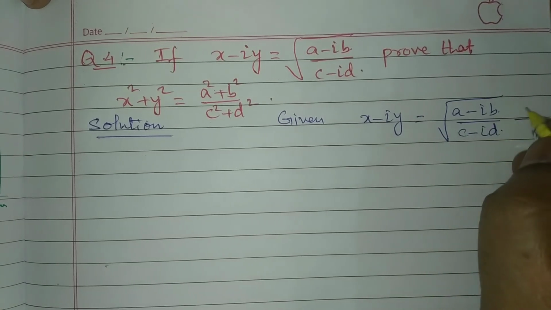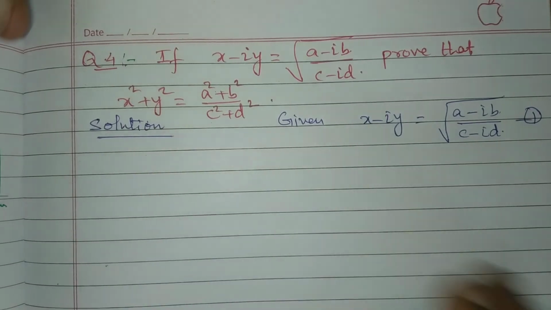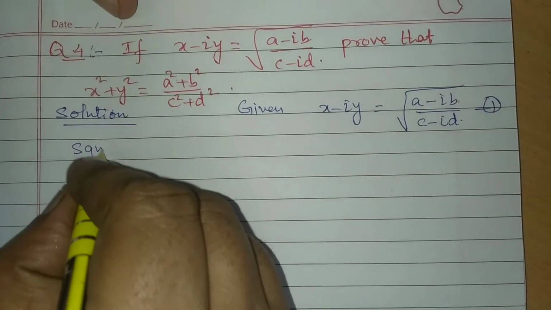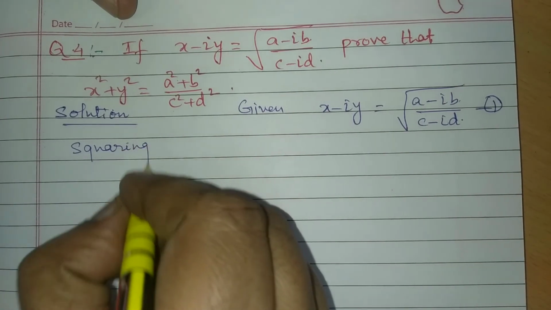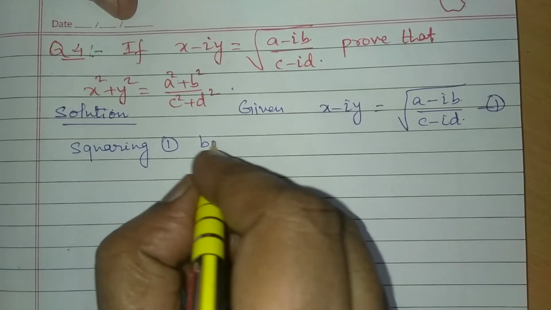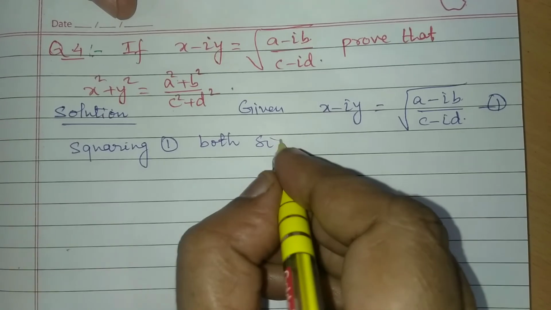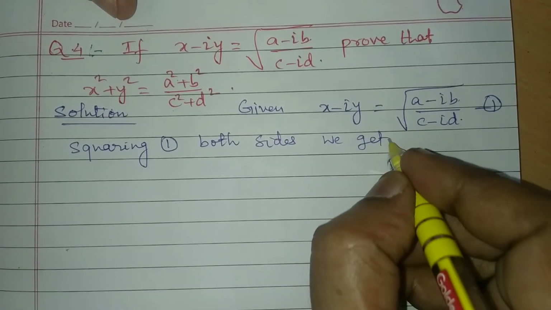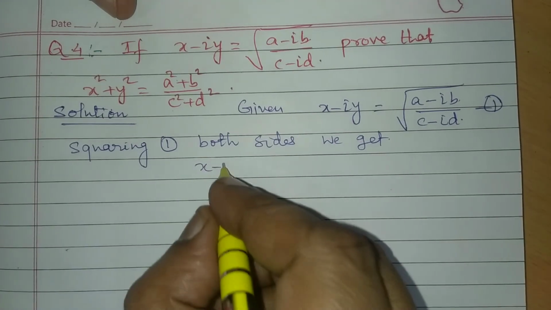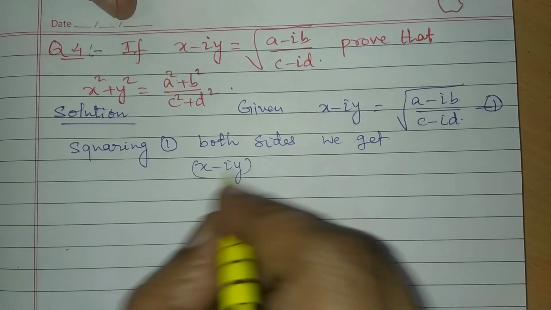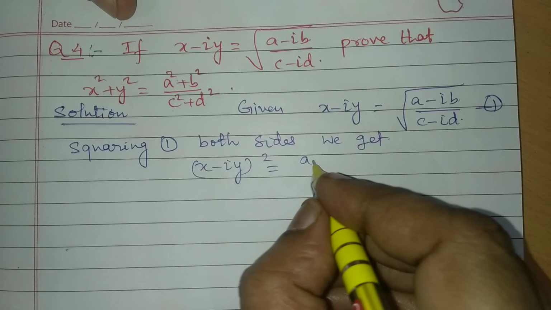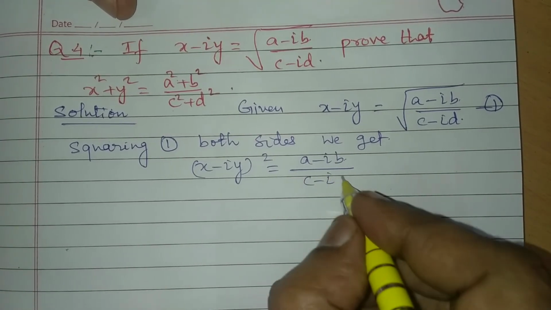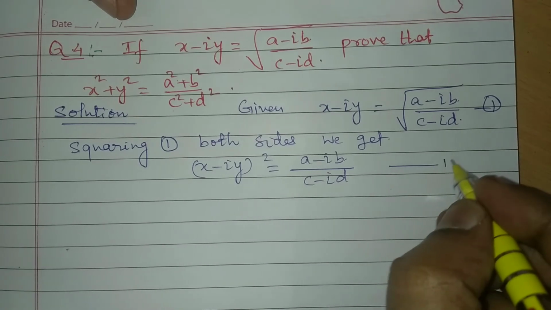So now taking equation number 1, squaring both sides, we get, x minus iy whole square is equal to a minus ib by c minus iota d. This is taken as 2.